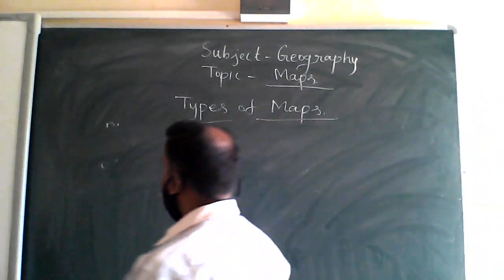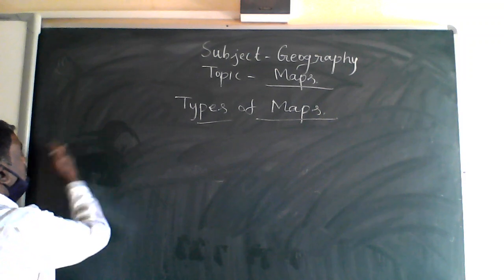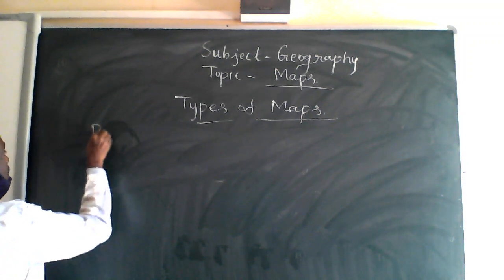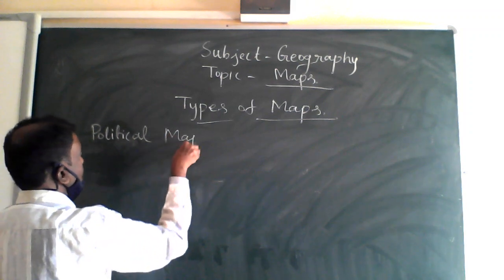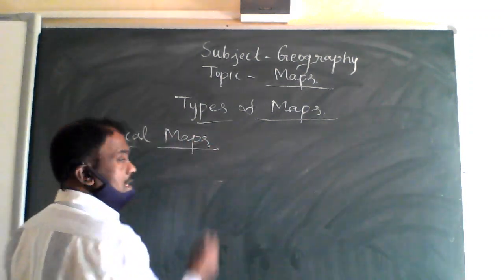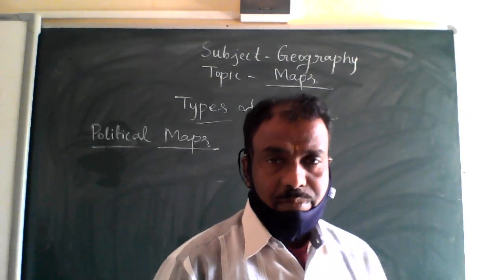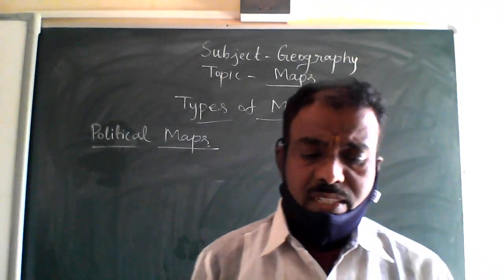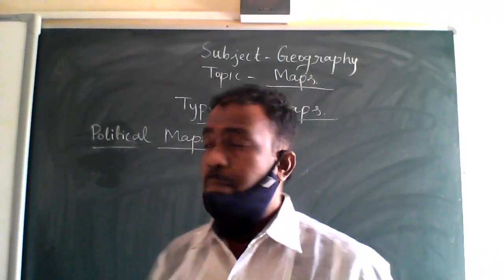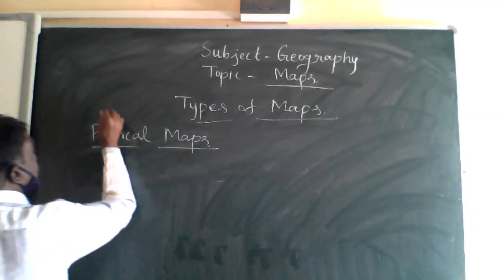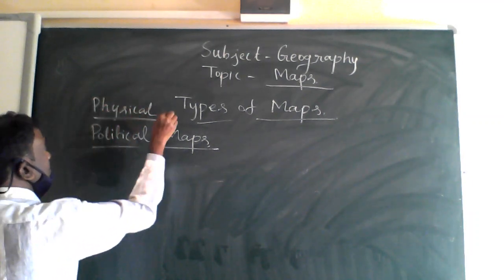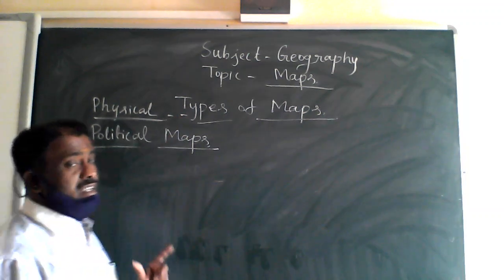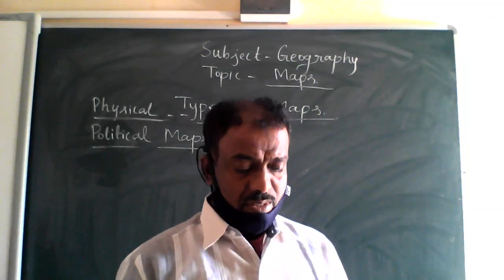So the next is about political maps. Got it, dear students? Political maps. The first one is physical and the second is political maps.